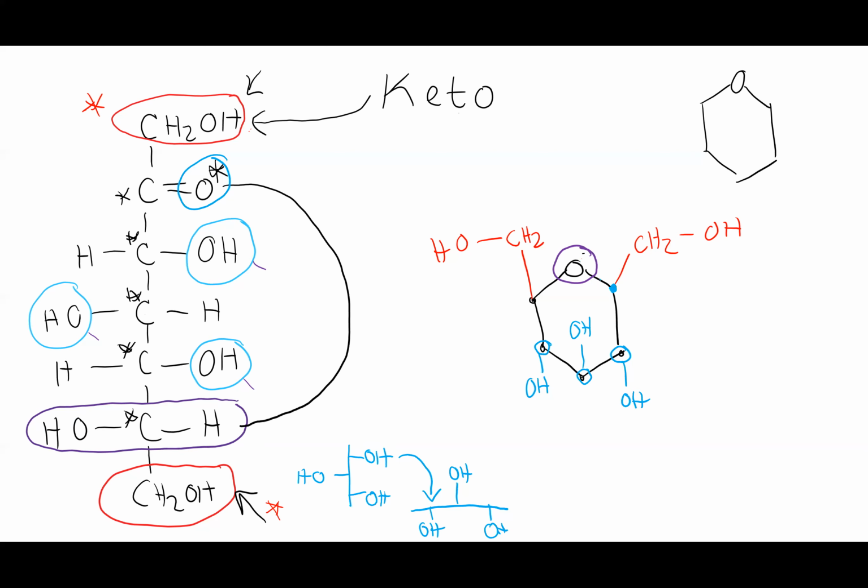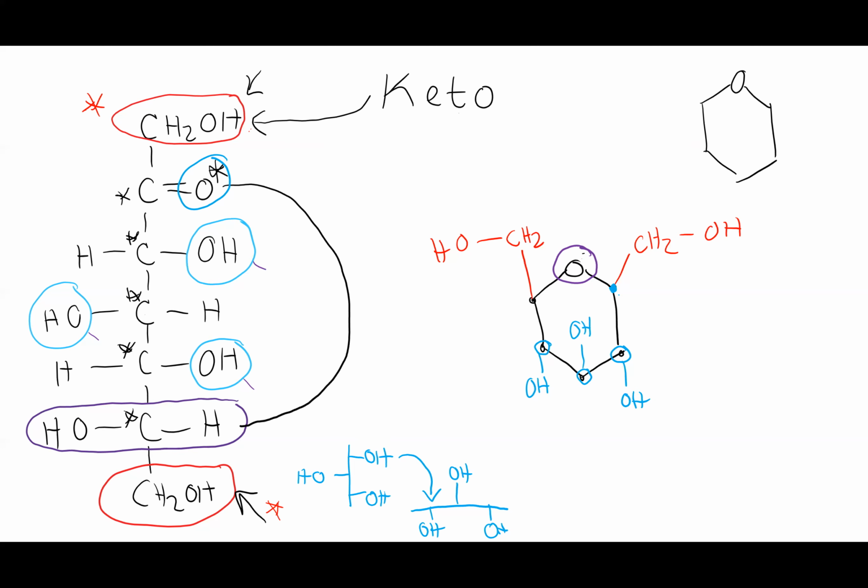Always here. This again is that anomeric carbon. And that OH group, because it was formerly a carbonyl, doesn't have a position that you can define. It might end up on the left and it might end up on the right, and that just depends on the reaction.